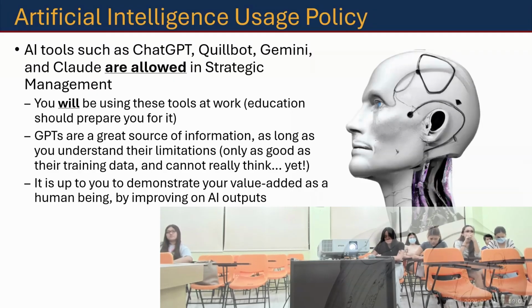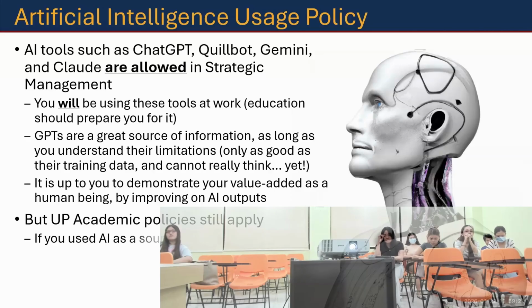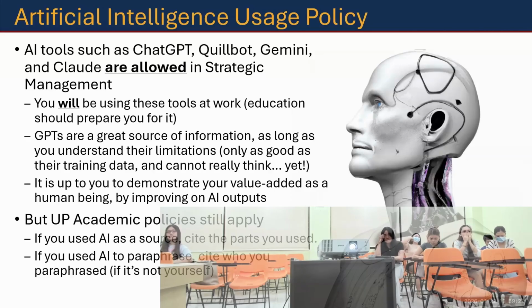So it's not enough that you know how to use it well, but you also need to provide something extra other than just being able to talk to them. UP academic policies still apply, meaning if you use AI as a source, you should cite all the parts that you use. So if you use AI to paraphrase something, like you use Toolbox to change something, you must still cite the source.